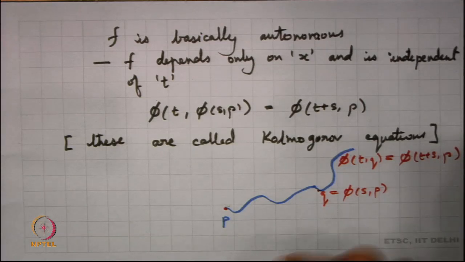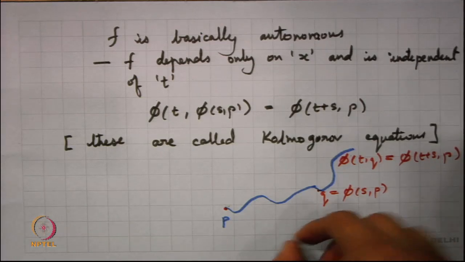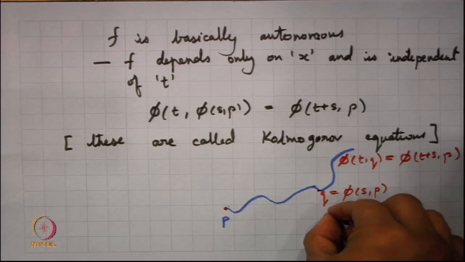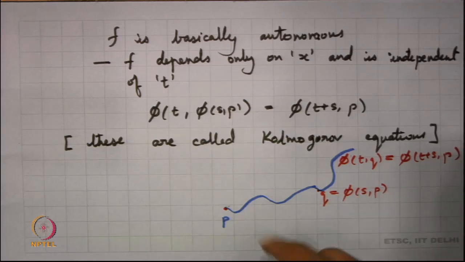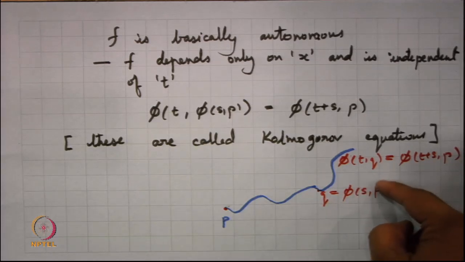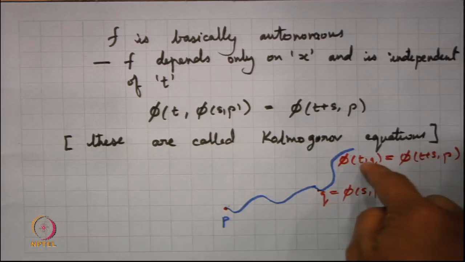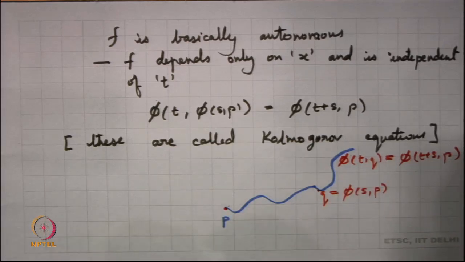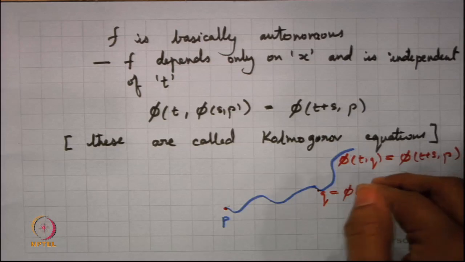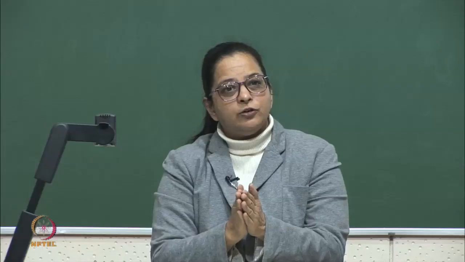So the initial point P happens to be a parameter here, and t happens to be a variable here. So looking into t and P, we find that the initial point turns out to be a parameter and time happens to be a variable.